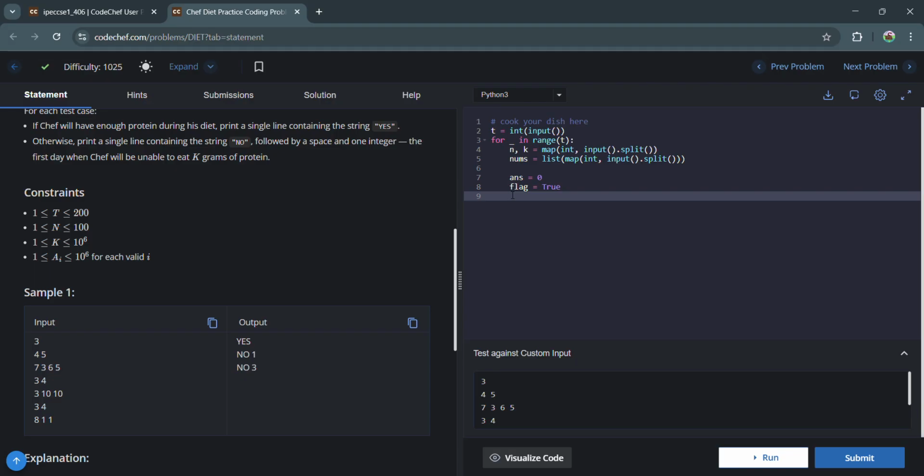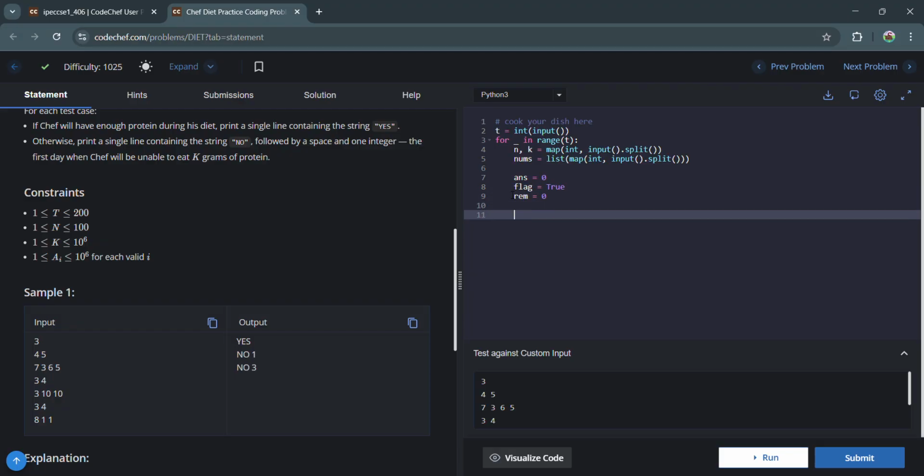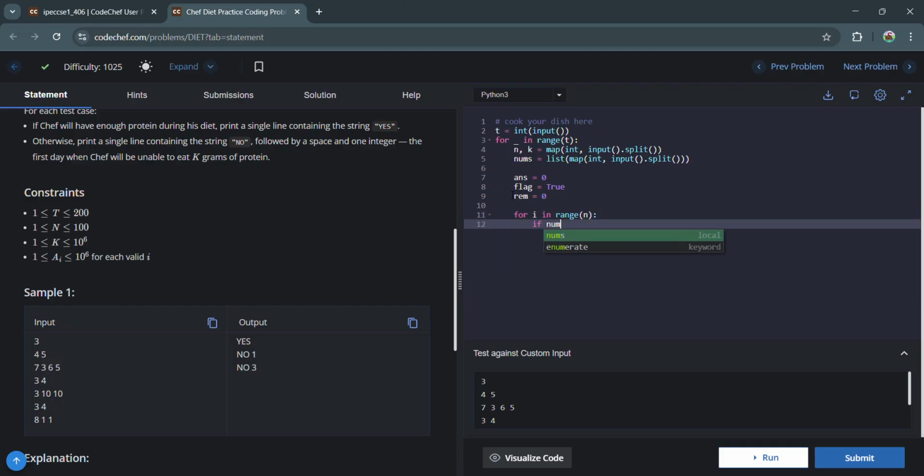The flag will cut off the loop when he cannot complete his diet, and this remaining variable is the initial protein. We can check if the protein on that day plus remaining is less than K.